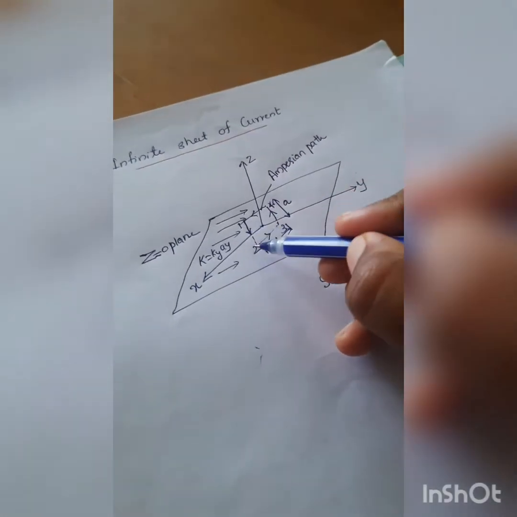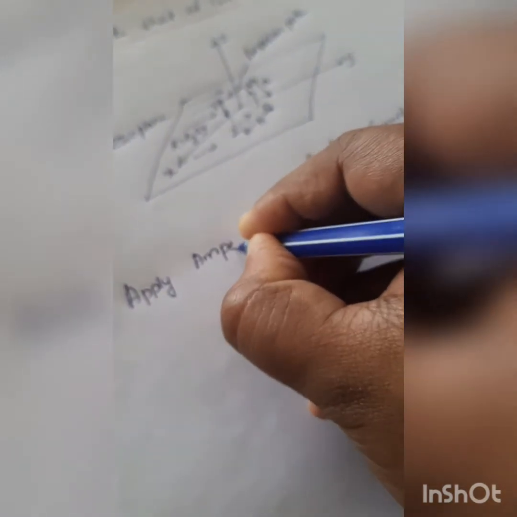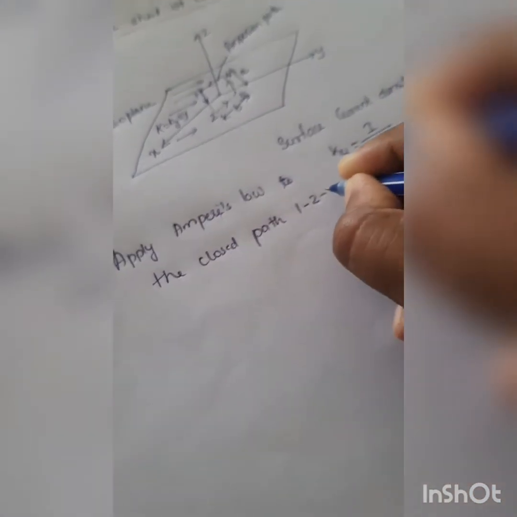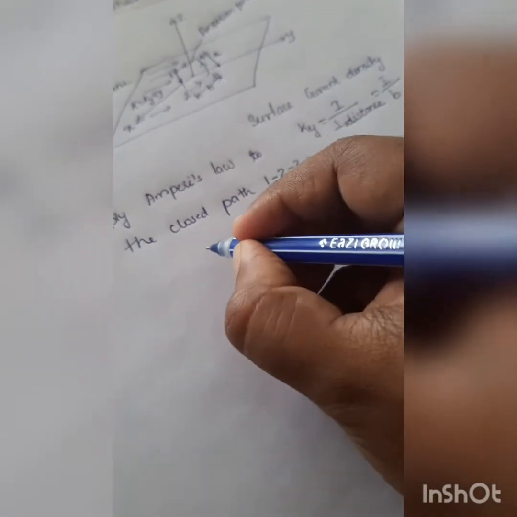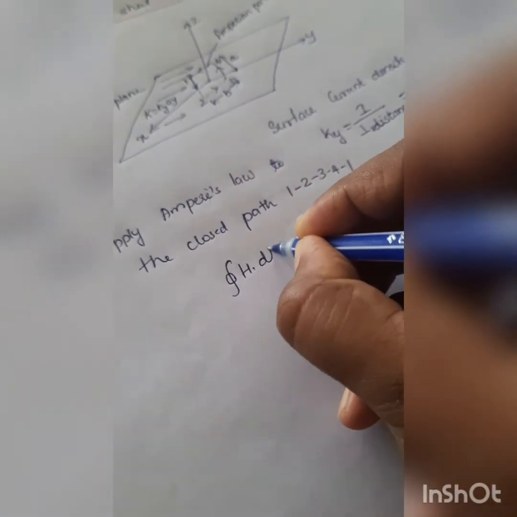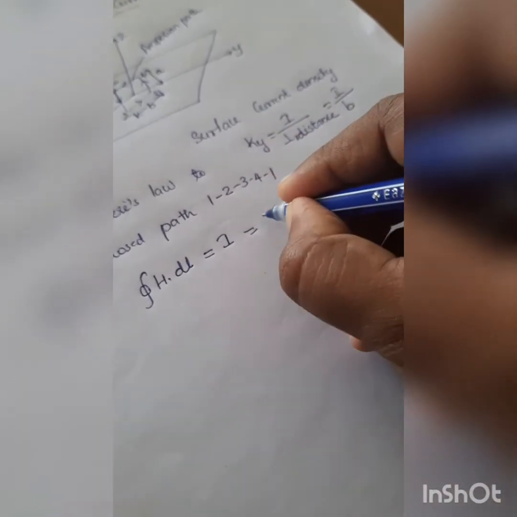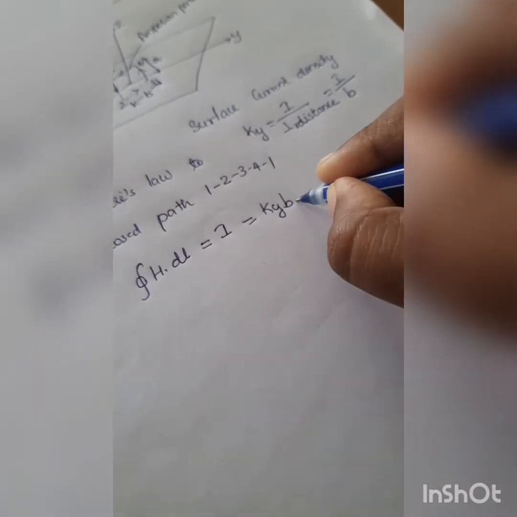Applying Ampere's law to the closed path 1, 2, 3, 4, 1, we can write closed integral H dot dl equal to current I, which we can write as Ky into b. In terms of current density, it is Ky into b, and this is equation number 1.